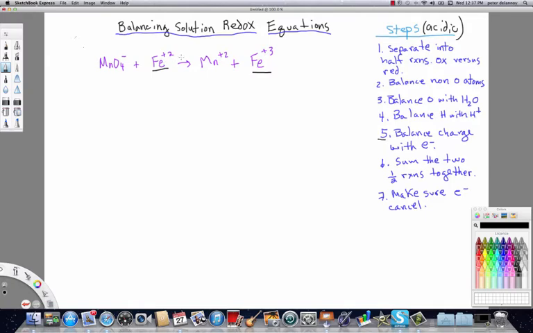The only way that can happen is through a loss of electrons. So I think it's pretty safe to say that the iron going from iron +2 to iron +3 is our oxidation. All right, and process of elimination means that the permanganate going to the manganese +2 should be the reduction.